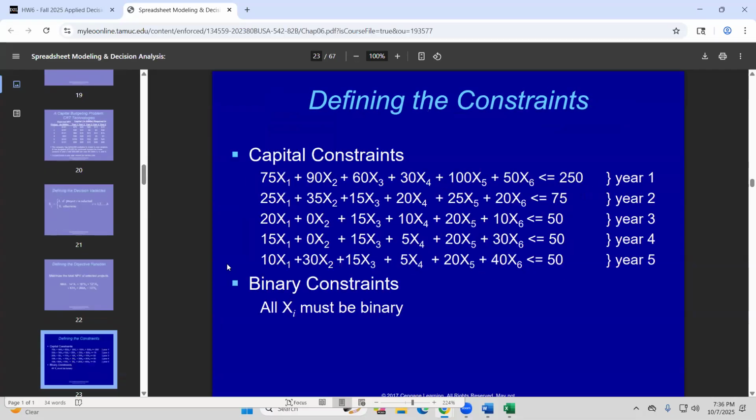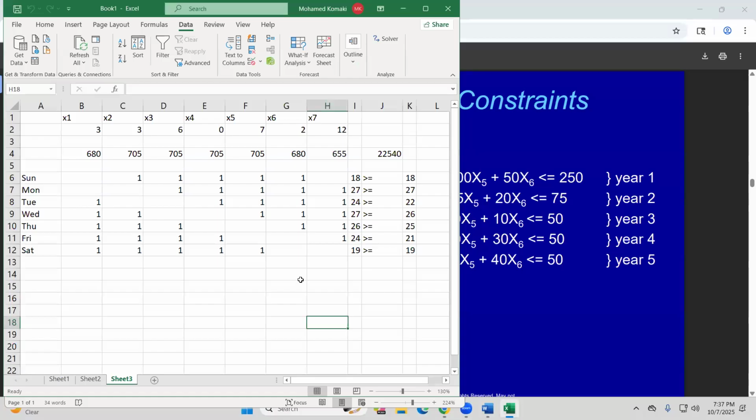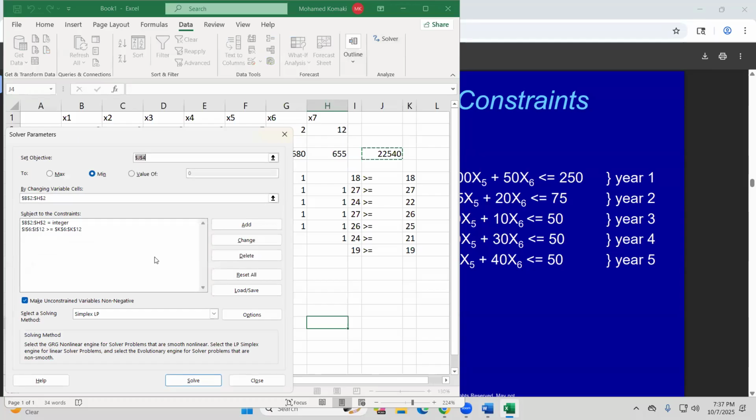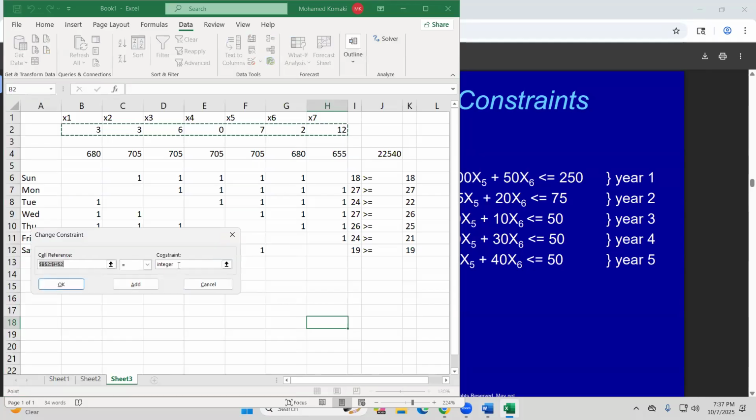So in year one, the budget should be less than the given one. Then the same for year two, year three, and year four. And all of the xi's are binary, okay? So how do I define binary variables? It's pretty much the same as integer. Here you just need to check binary. So bin means binary, okay?